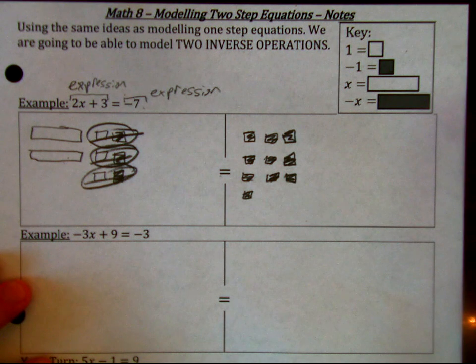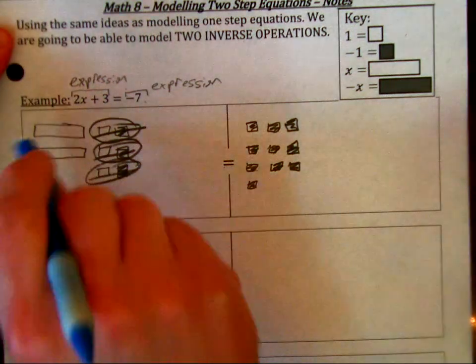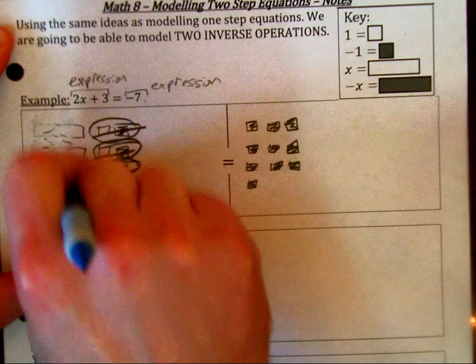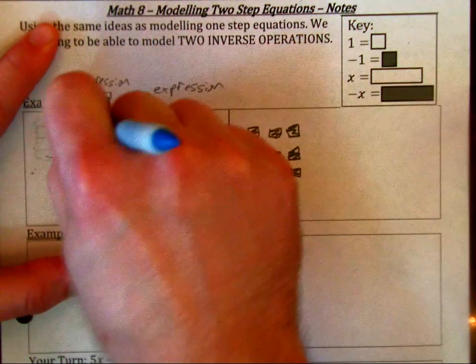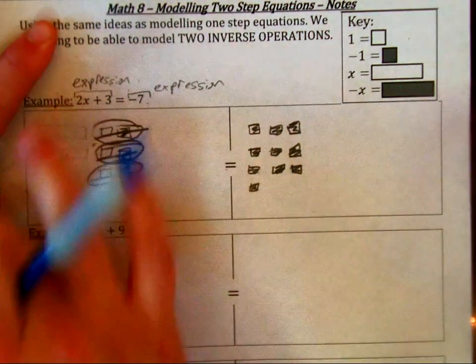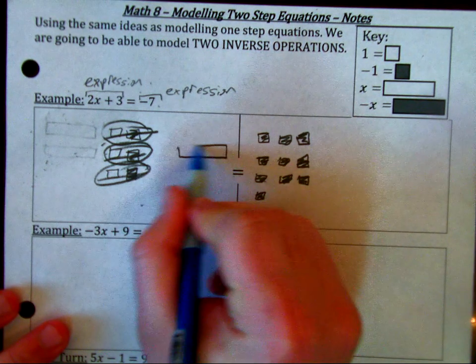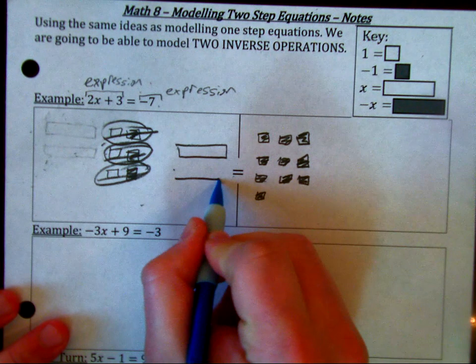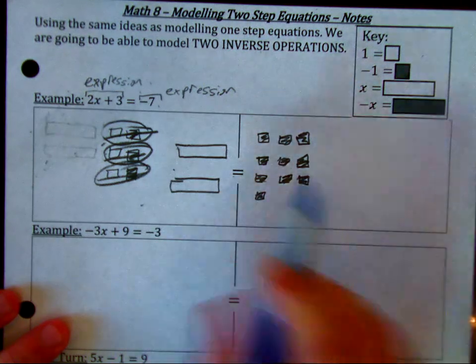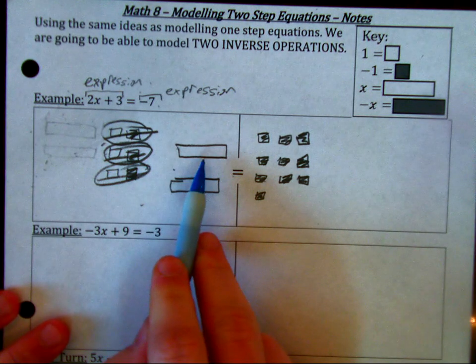So how am I going to split this into these groups? Well, if you want to, you can say, all right, let me move these over a little bit so that way I can kind of group these a little bit better. So I'm going to say, all right, I need to split these 10 negatives into two groups because I'm looking for 1x equals a number.